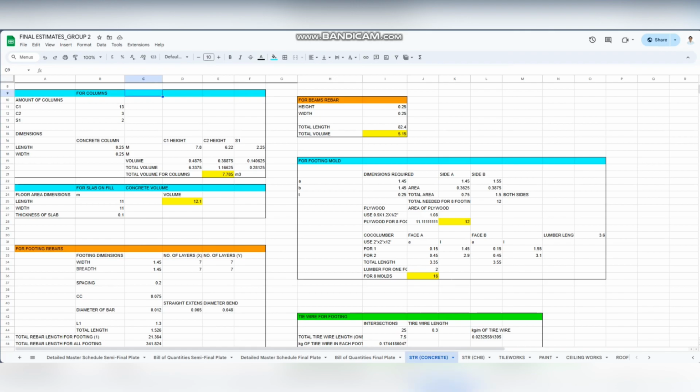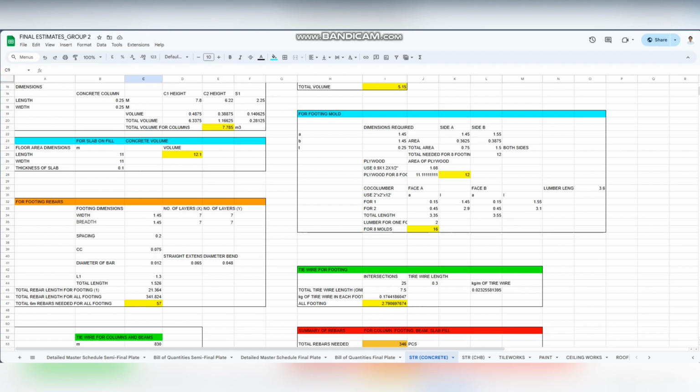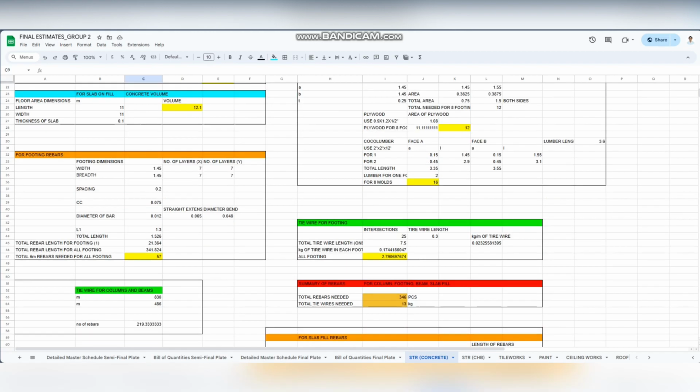So moving on, we have here our calculations. I did an estimate on the concrete, rebars, some of the rebars, as well as for the paint.